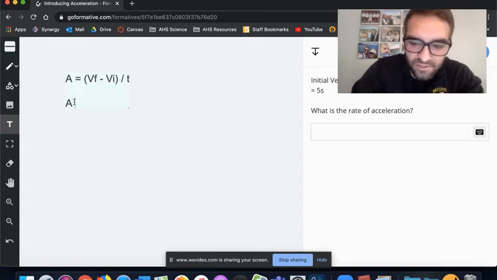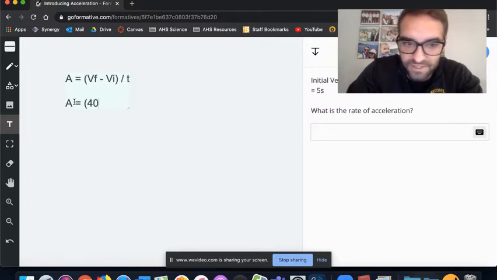So if I rewrite this though with the numbers in there, it would be 40. Okay, and for the sake of space, I'll leave off the units, but don't forget the units are there. 40 minus 20. Okay, again, I took that from our final velocity and our initial velocity. Okay, then I'm going to divide that by time, which it took 5 seconds.